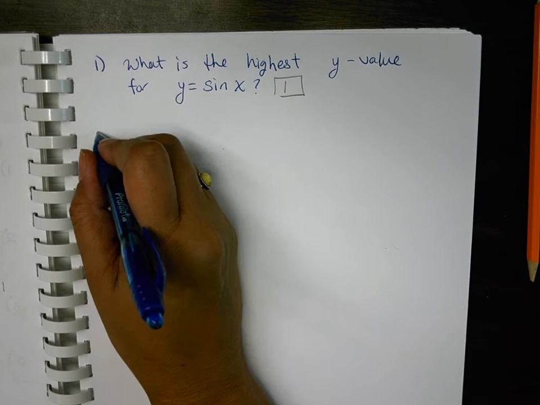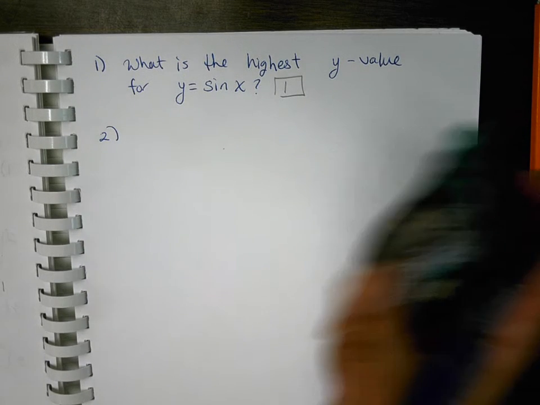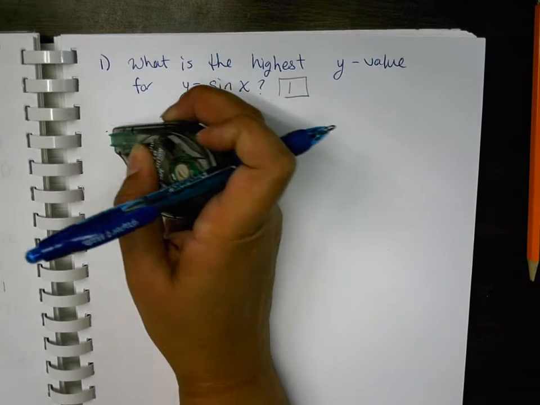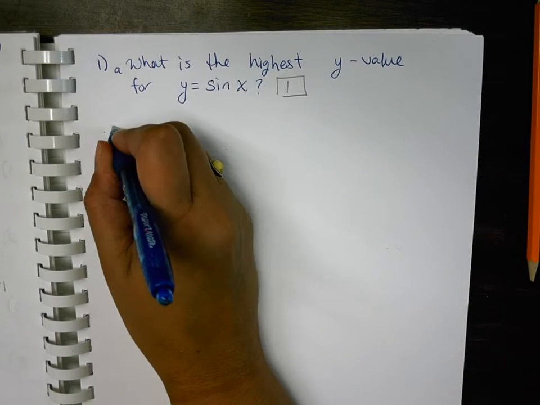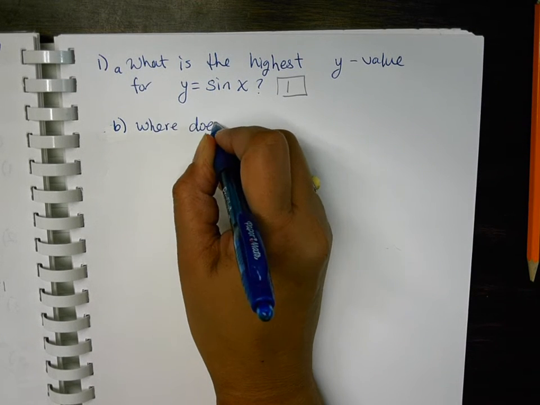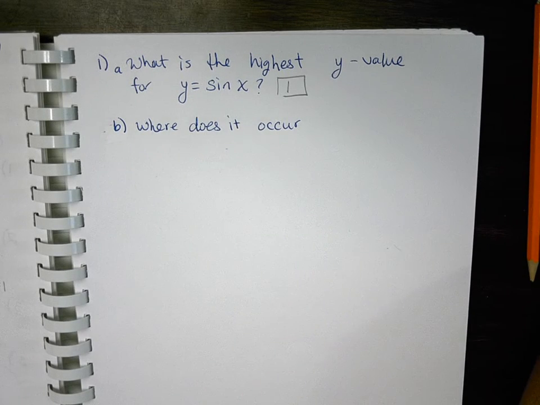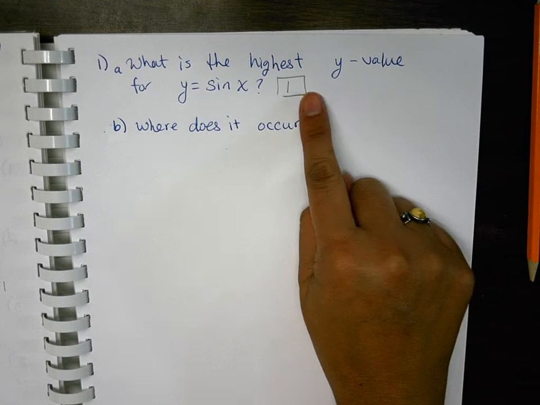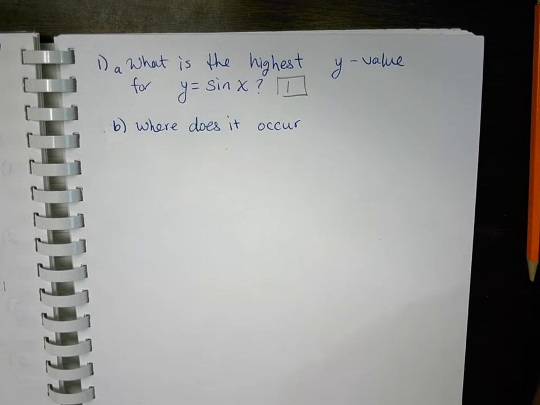Number 2. Oh, before I give you number 2, I do want to add a question here. So we'll call this A and B. Where does it occur? What is the highest y value for sine of x? 1. Where does that highest value occur?